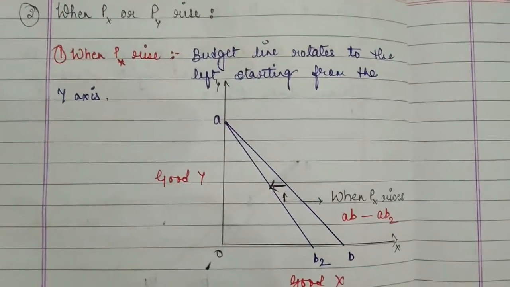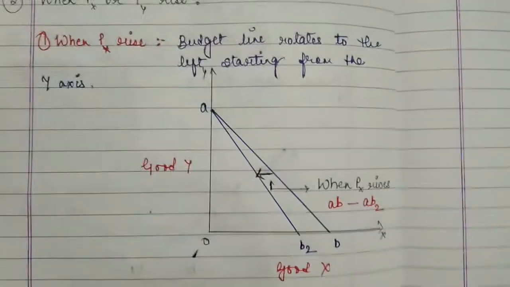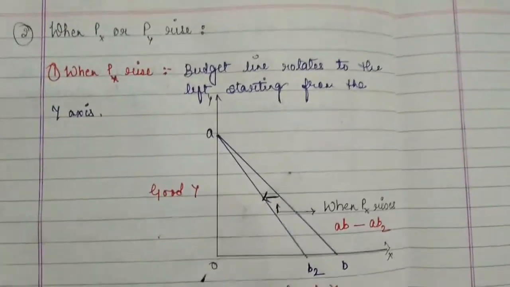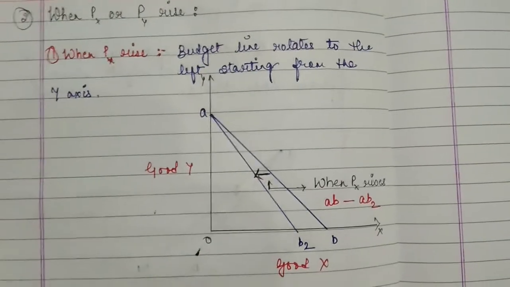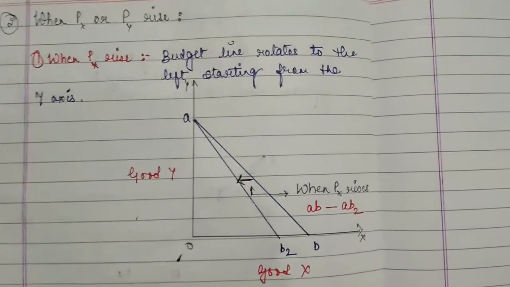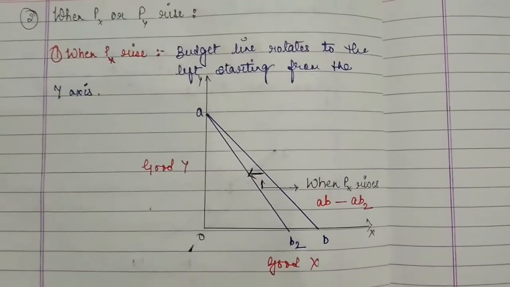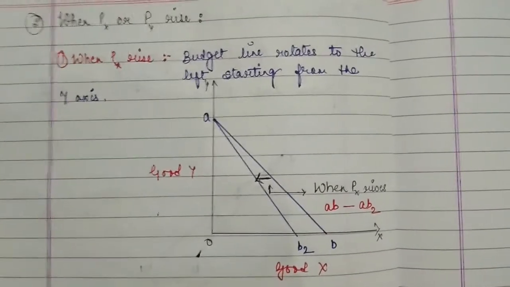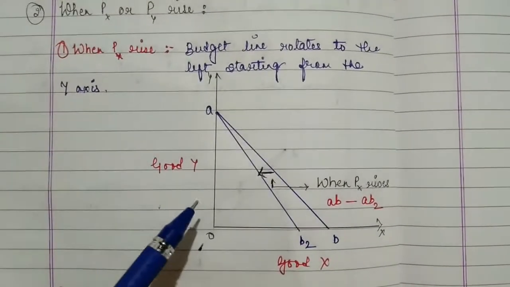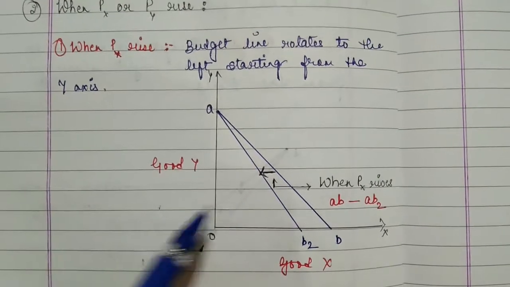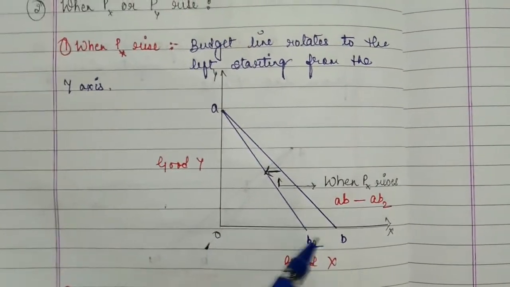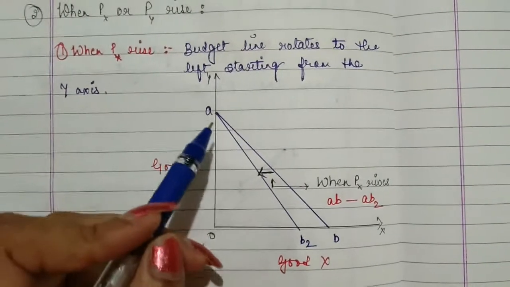Now suppose the price of good X rises. How is it going to affect? If a good is priced at 10 rupees and its price rises by 5 rupees, that is 15, the consumer will purchase less of that good. That means the budget line will rotate to the left starting from the y-axis.